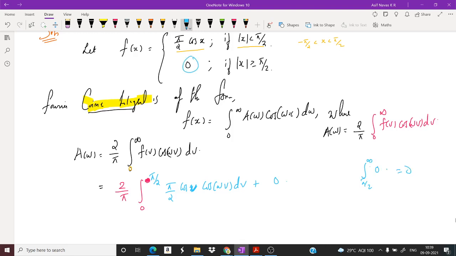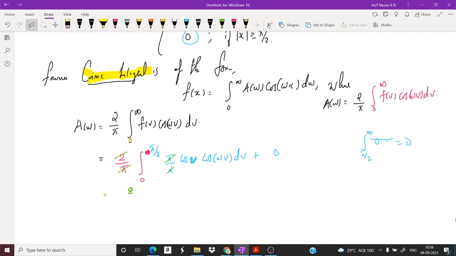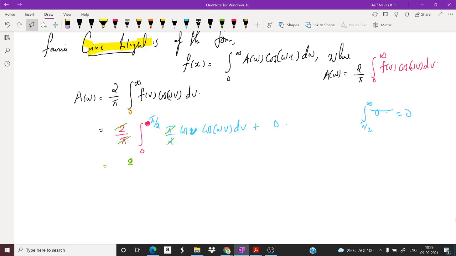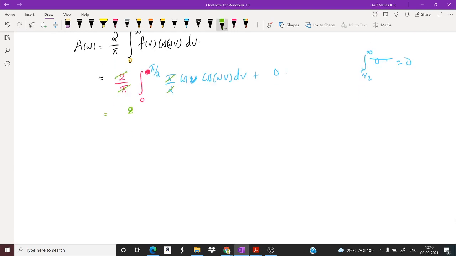So now we will integrate 2 by pi and pi by 2 get cancelled. Okay. So this is integral 0 to pi by 2 cos v cos omega v dv.